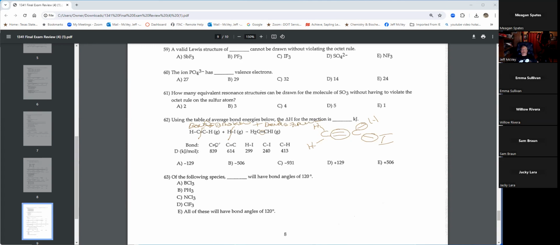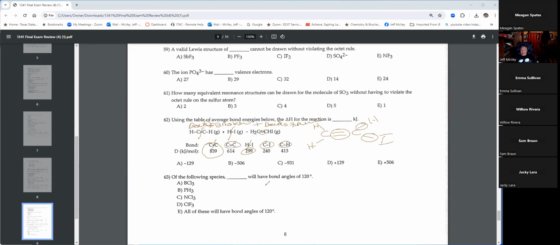Okay, so we're breaking a carbon-carbon triple bond. So we got one of those. We're breaking a hydrogen iodide bond. So we got one of those. Those will both be positive. We're making a carbon iodide bond and a carbon hydrogen bond and a carbon-carbon double bond.